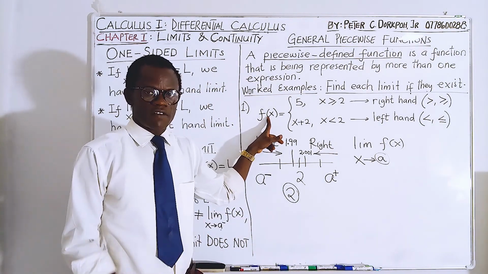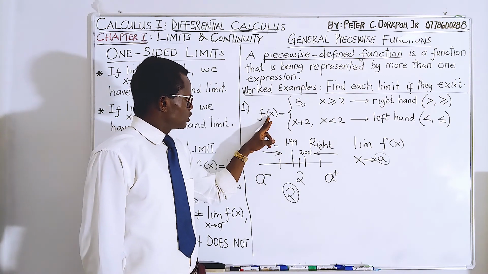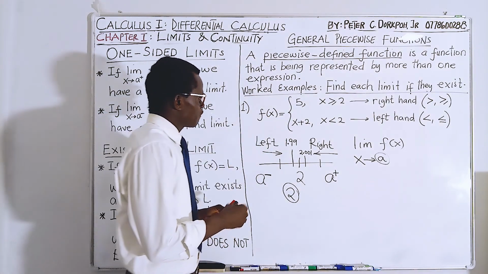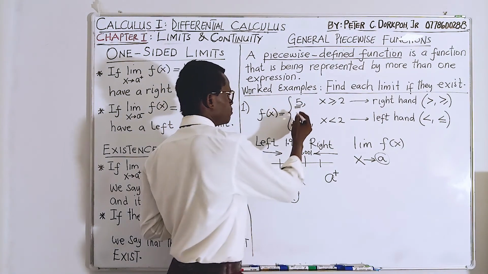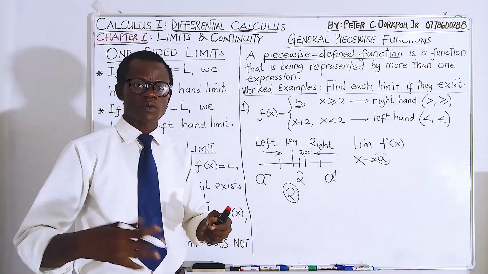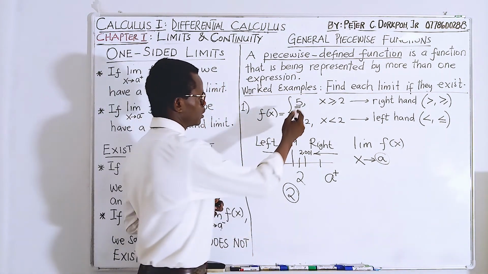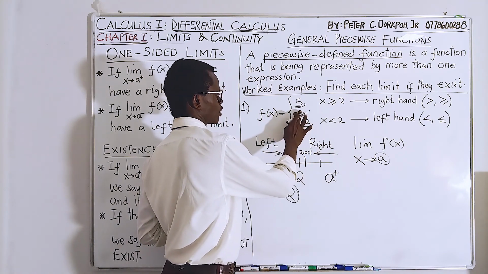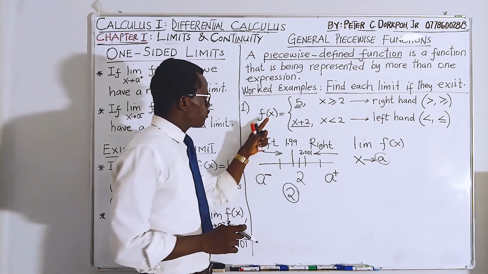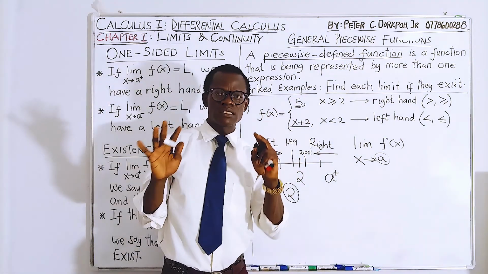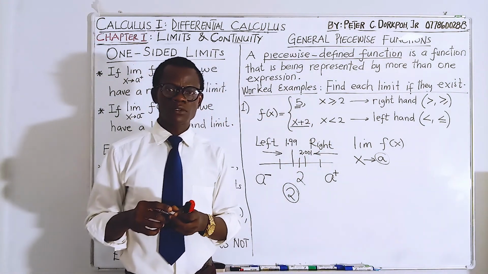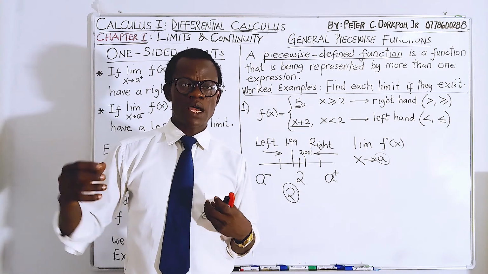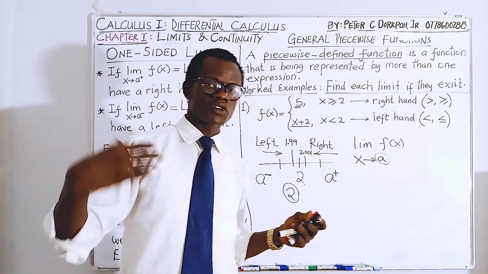Here we have a function f of x. It has a constant function, meaning a function comprising only a number, and a linear function, a function where the highest power of the variable is 1. So this function f of x comprises two distinct functions. Sometimes a piecewise function can comprise 2 functions, 3 functions, 4 functions, and so forth.